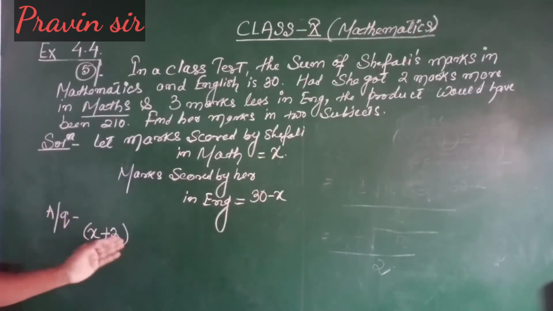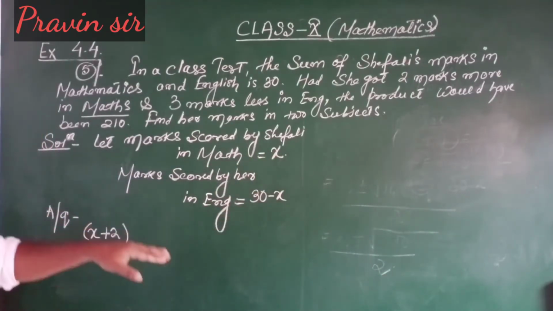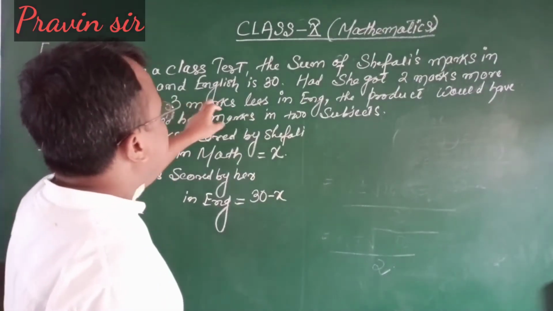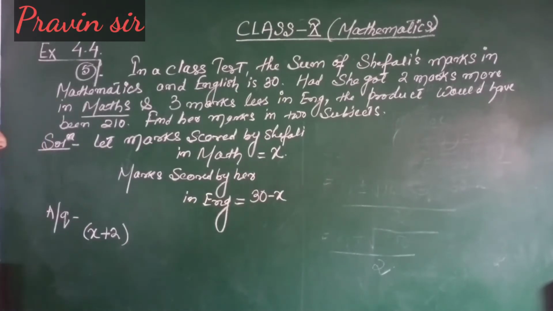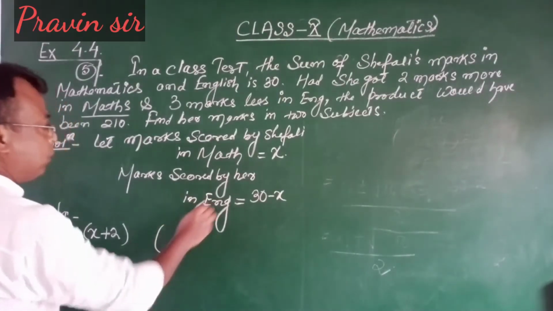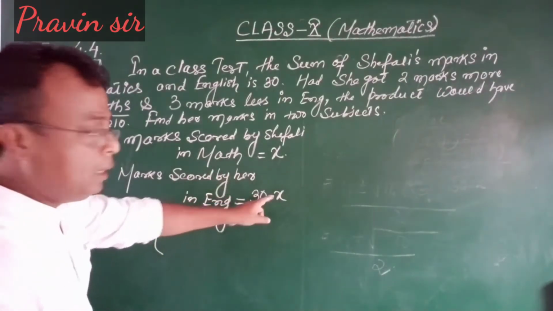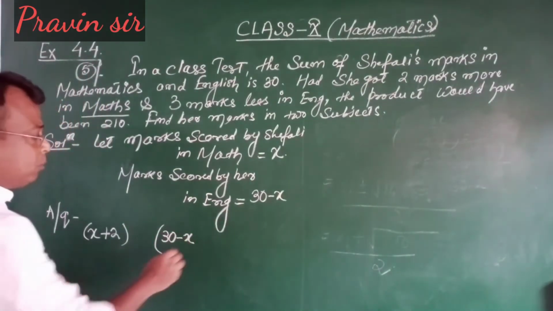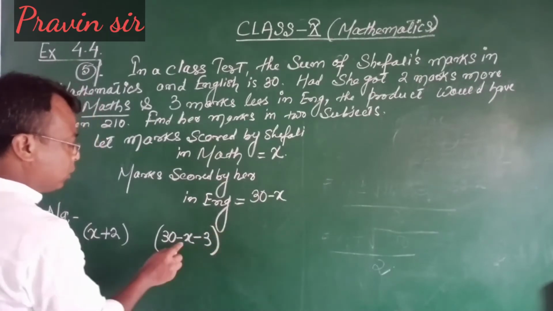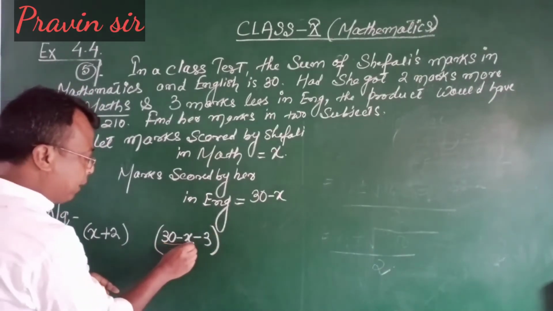Now again, and 3 marks less in English. If she got 3 marks less in English, what is the marks in English? That is 30 minus x. Less means 3 less, so this is our English mark, 30 minus x.